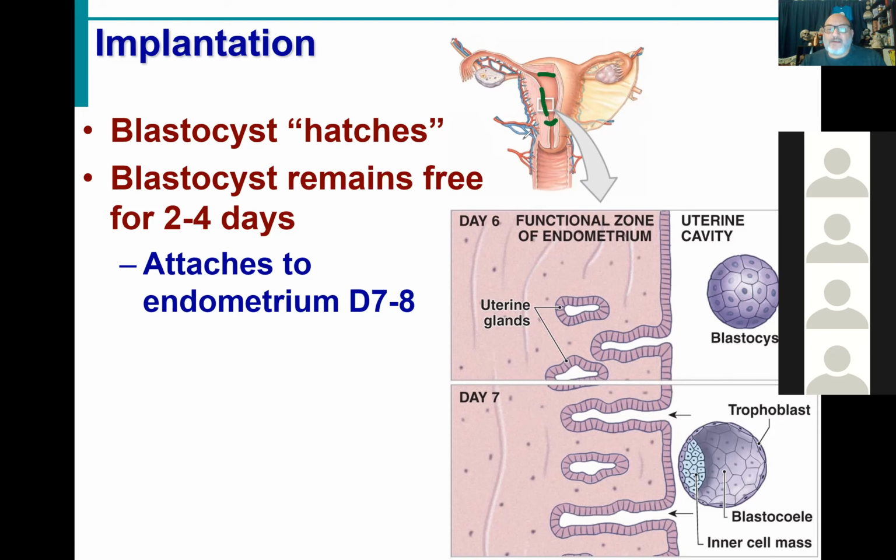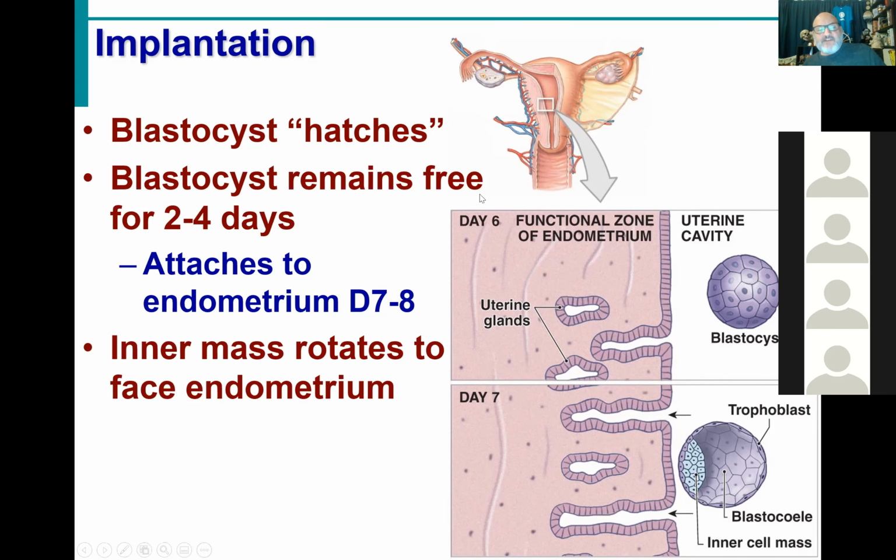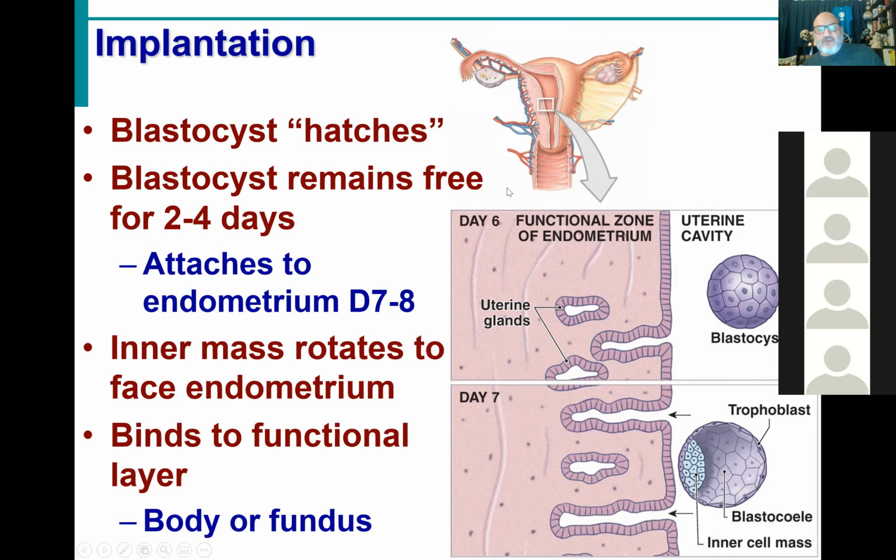So typically, if the placenta forms too close to the cervix, that mom will be monitored much more closely during the pregnancy, and the baby will instead be delivered via cesarean. So a traditional childbirth will not be an option in that situation because of the potential risks of bleeding. But in most cases, it is going to implant, like I said, into the body or the fundus, into the functional layer.